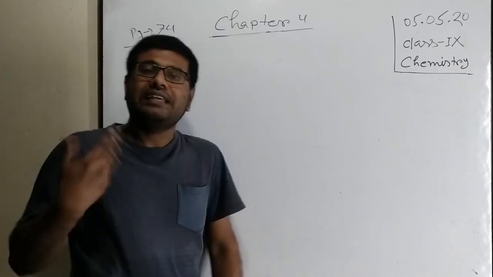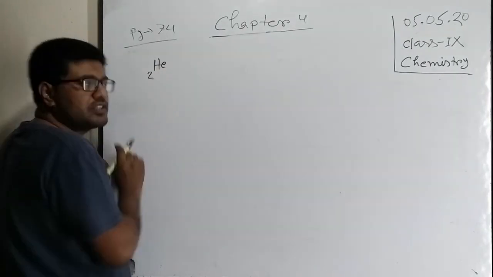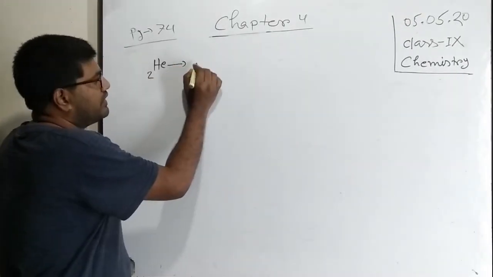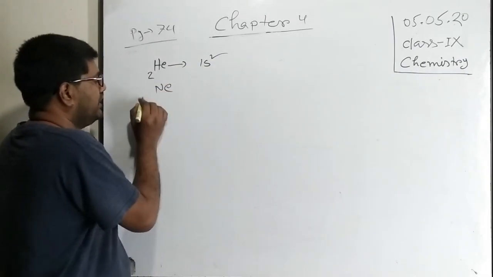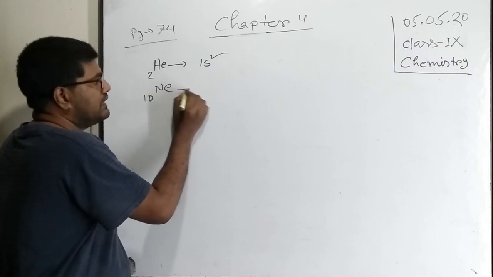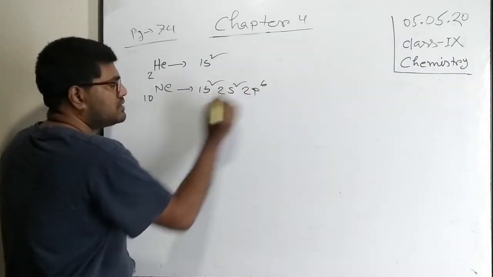Why are they called inert gas? Suppose helium: its atomic number is 2, its electronic configuration is 1s2. Then neon: atomic number 10, electronic configuration 1s2, 2s2, 2p6.